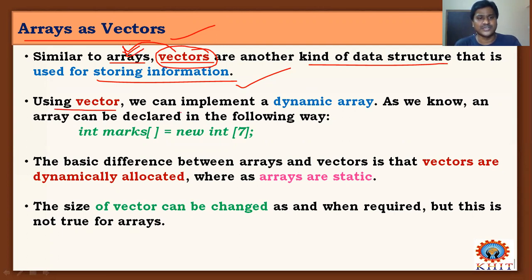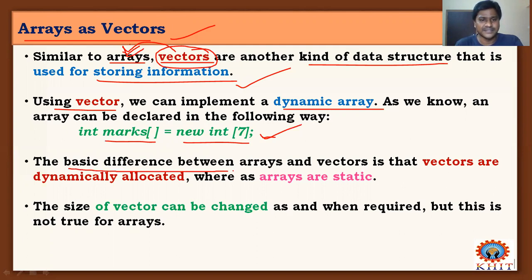And using vectors, we can implement a dynamic array. We know an array can be declared in the following way, like marks with a size of 7, as a way of declaring marks as an array. But Java is a different case for arrays and vectors.